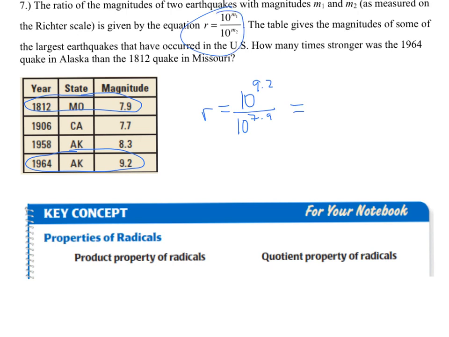Now, when we divide the same base, the base remains the same, and we subtract the exponents. So we're going to do 9.2, take away 7.9, and we'll get 1.3. So it's 10 to the 1.3 times stronger. If you plug that into a calculator, it comes out to be about 20 times stronger.